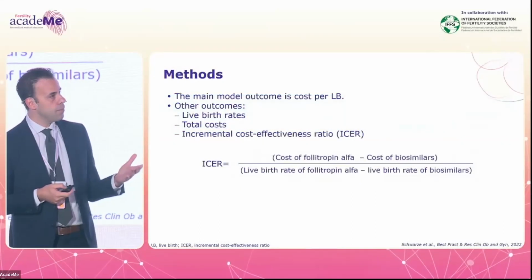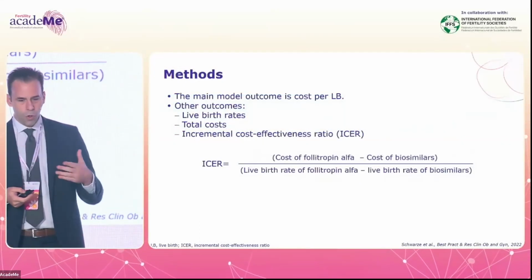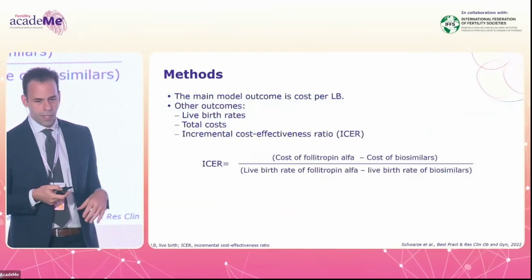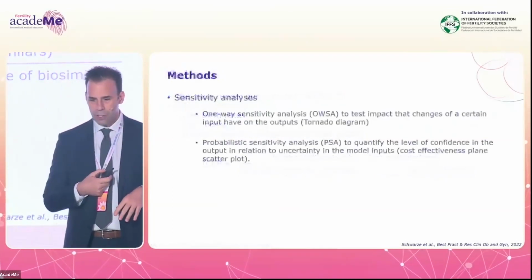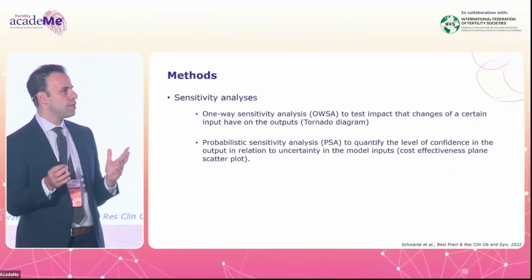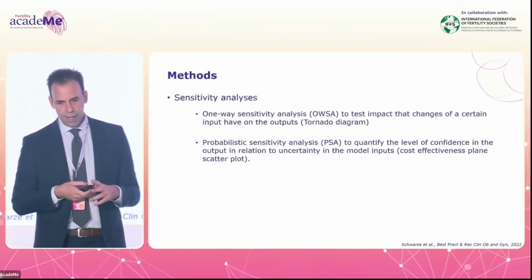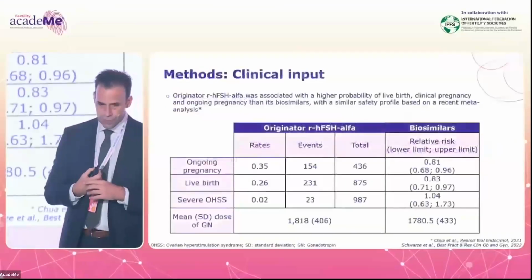So the main outcome, of course, was cost per live birth, and other outcomes were the total cost, the live birth cost, and obviously the incremental cost effectiveness ratio. We performed multiple sensitivity analyses because we wanted to see whether our conclusions would still hold when we vary our different assumptions.